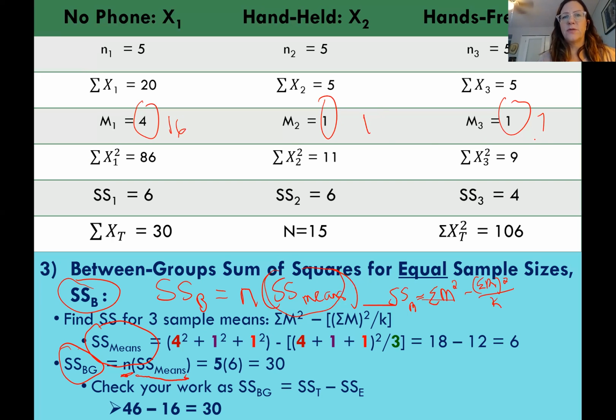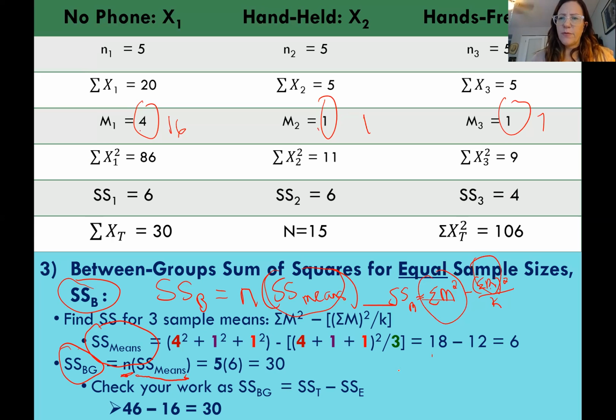Then I'm going to add those up, right? 16, 17, 18, if you notice. I'm going to plug that in right here. See how that's right here? Then I'm going to take the sum of the means in general. So 4 plus 1 plus 1. So 4, 5, 6. I'm going to plug that in right here.